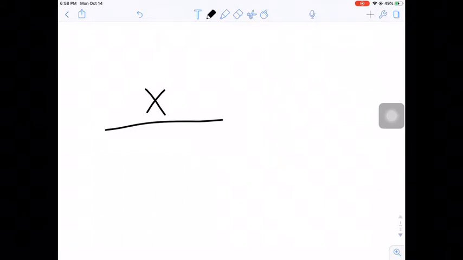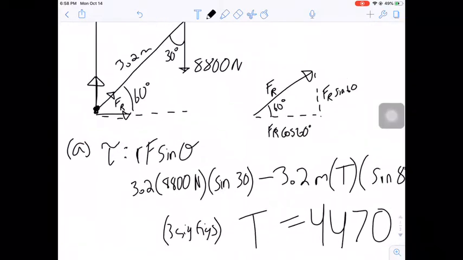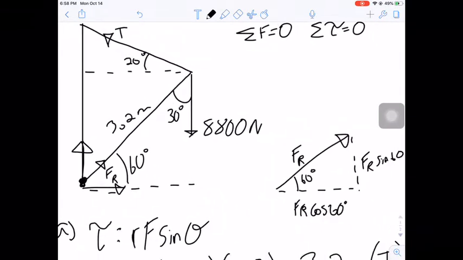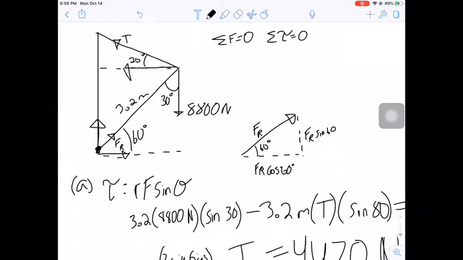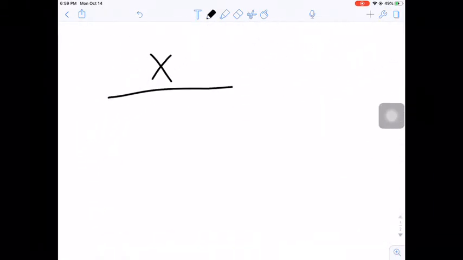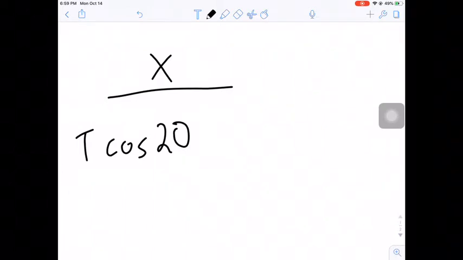In the x direction, the left has to equal the right. The left force is the tension, and the right force is F of R. We set those equal to each other: T cosine 20 has to equal FR cosine 60.